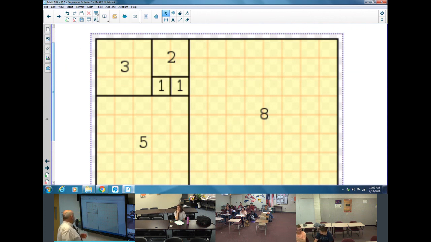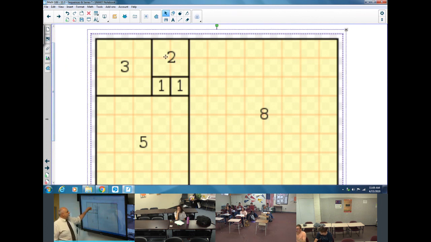So they would have small closets with an area of 1, and then a small bedroom with an area of 2, and then 3 and 5. And then the courtyard or the dining hall would have an area of 8. Of course it would all be proportional, so whatever size this is, this would be 8 times that. And so they would lay out buildings to form this Fibonacci sequence.